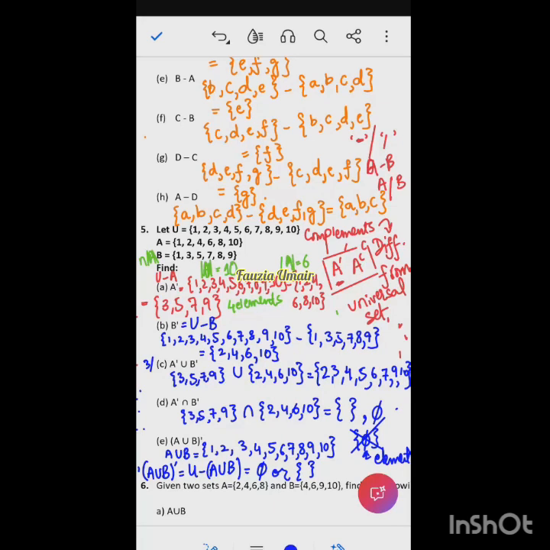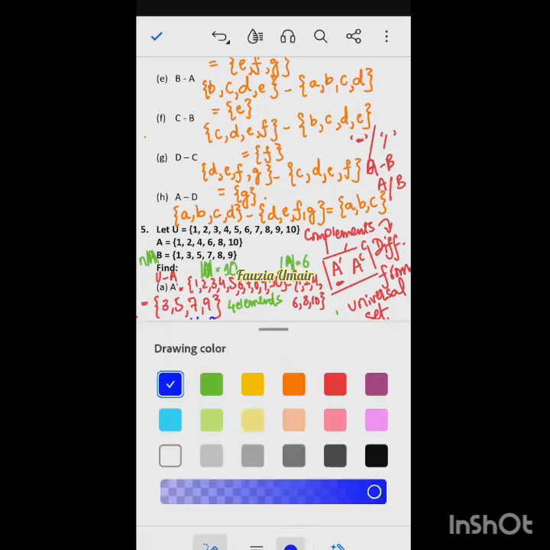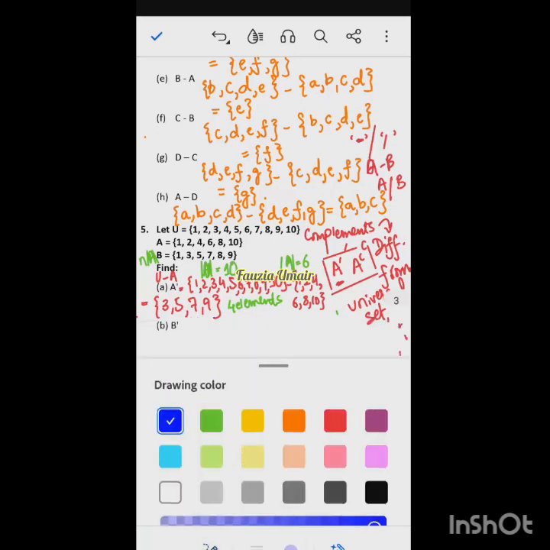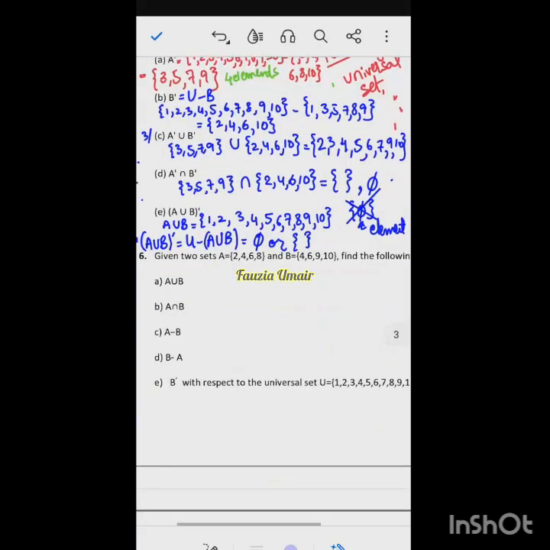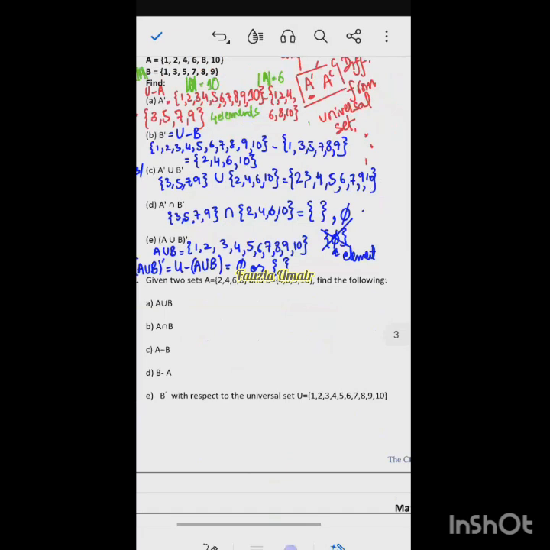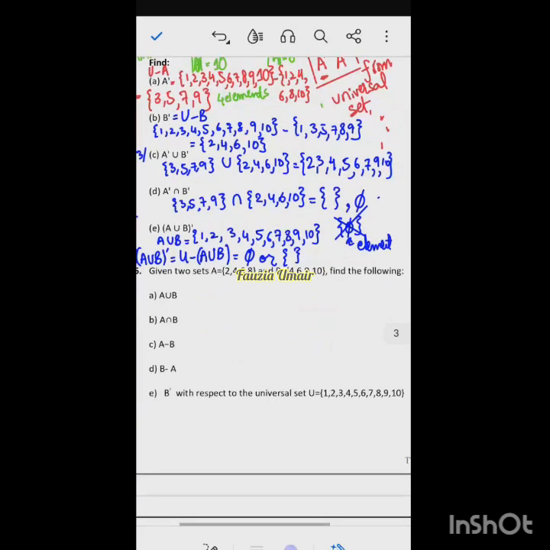All right, so now because we have done all the four basic operations, now there are mixtures of operations. So now the question is that you need to find out, two sets are given, A and B. A has these 4 elements, 2, 4, 6, 8. B has 4, 6, 9, 10. So find the following. First question is find A union B. So can anyone tell me the answer?